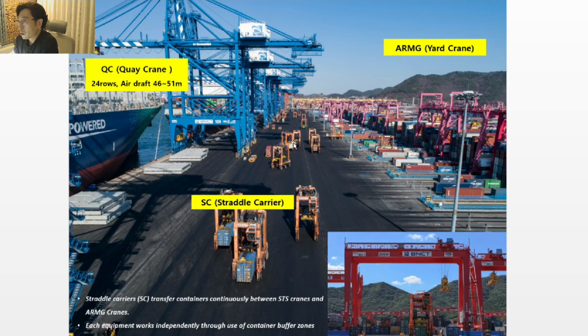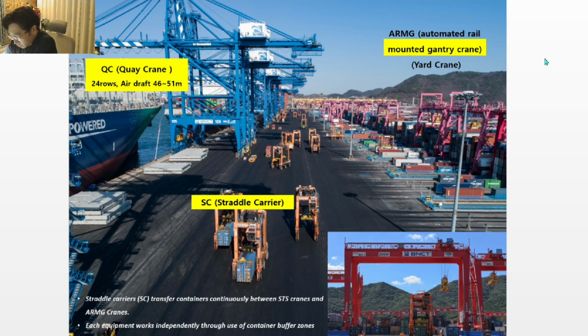And this orange equipment is the straddle carrier. I remember I already explained transport equipment, so we're gonna skip to the last one, yard cranes. These yard cranes are ARMG cranes. ARMG stands for automated rail mounted gantry crane, which means they are operated on rails. There are two types of yard cranes you can understand.